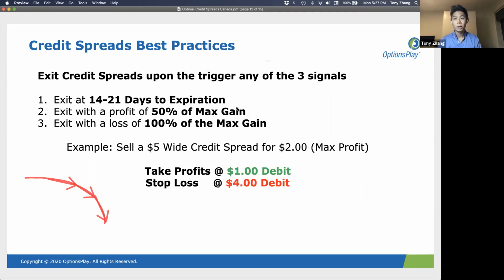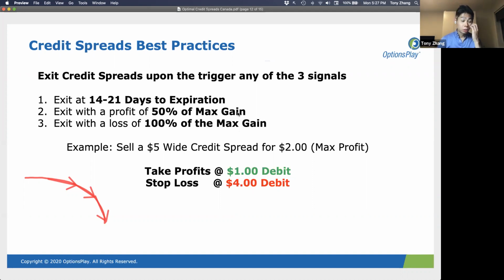That's just the reality of trading. That's like you're never going to be able to buy the stock at the very bottom and sell the stock at the very top. If that's what you're shooting for, I guarantee you're not going to be able to make money in the long run. So stick to the rules. If you have a set of rules like taking profit at 40, 50%, be happy with that. At the end of the day, you're never going to be able to maximize every single penny of every single trade.